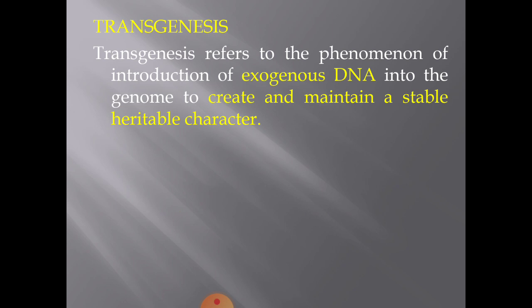So the definition says you are going to introduce the gene of your choice, that is exogenous DNA, into the genome of the animal which you want to make transgenic, so that once the experiment is over and you get a transgenic animal incorporating the gene of your choice, you are going to create and maintain a stable heritable character in that transgenic animal.